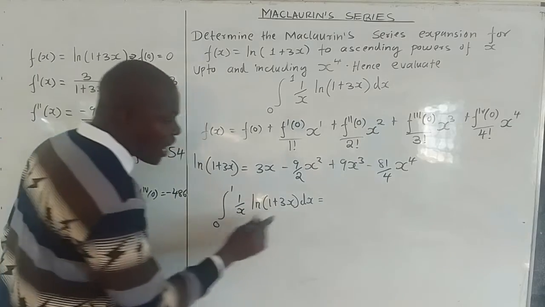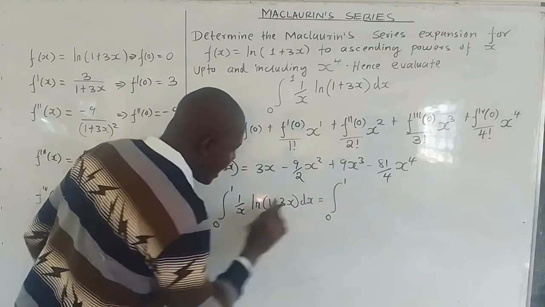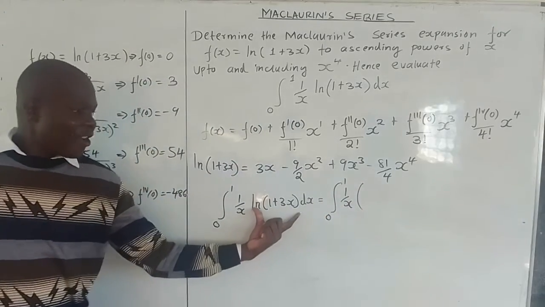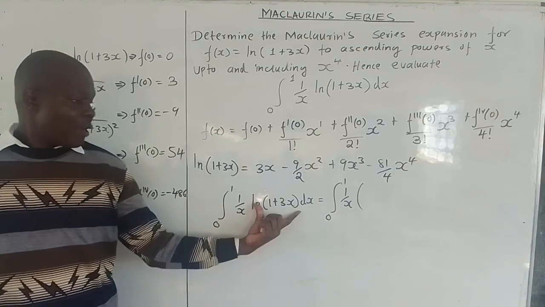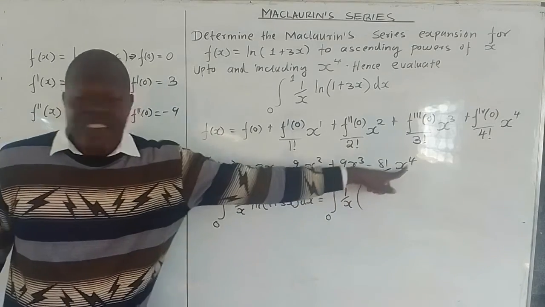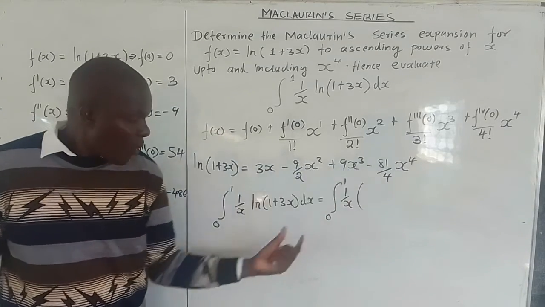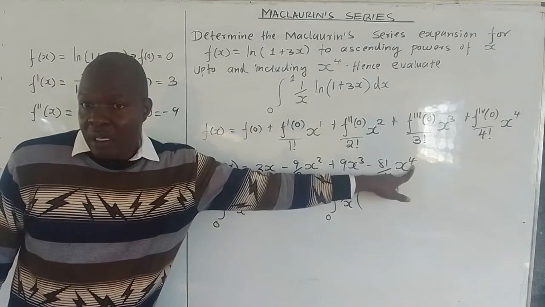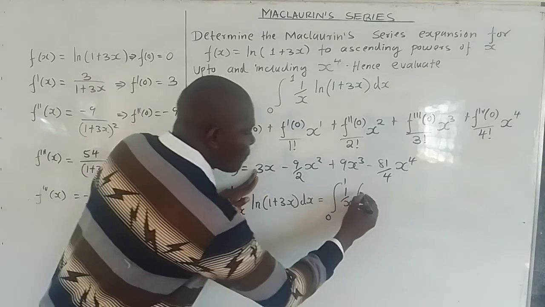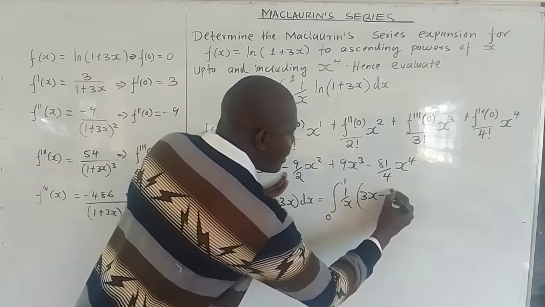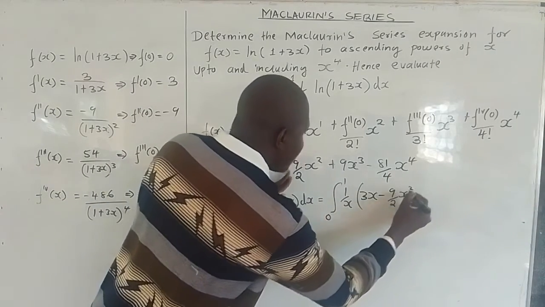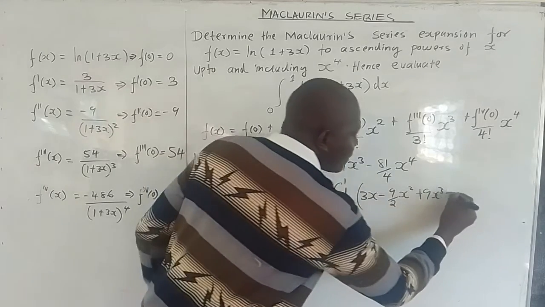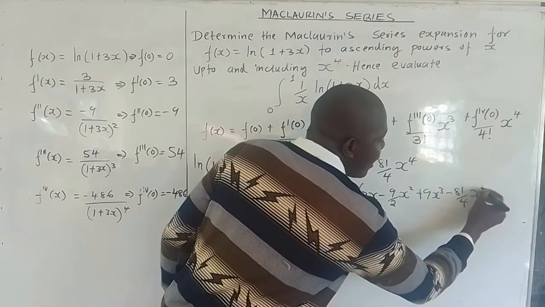So it means we are now integrating from 0 to 1. Then outside here we have 1 over x. Then inside, ln of 1 plus 3x you found to be this in the Maclaurin series. So where there is ln of 1 plus 3x, you put its value, which is 3x minus 9 over 2 x squared plus 9x cubed minus 81 over 4 x raised to power 4.